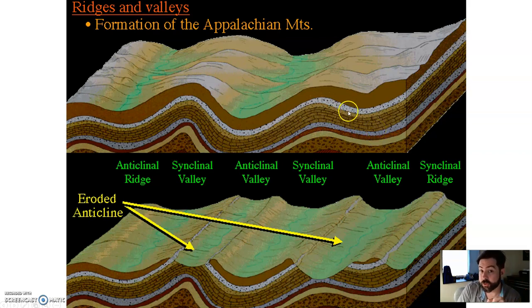Now, what's tricky is the following. In the Appalachian Mountains, just because you see a mountain peak, that doesn't mean it's an anticline. We're looking at the geology from the side. So sometimes, as weathering and erosion take place, looking at an eroded anticline, here's a great example right here. So this is what's now a mountain peak, but it's still a syncline.